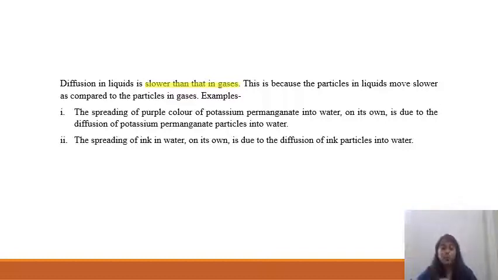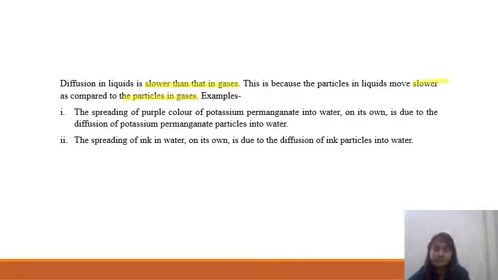So the rate of diffusion in liquid is slower than gas, because we know the particles present in gas are highly movable. Okay, but in water or in liquid, the particles are moving, but as compared to gas, it's quite slow. So that's why the rate of diffusion is slower than gases. Okay. So this is because the particles in liquid move slower as compared to the particles in gases.